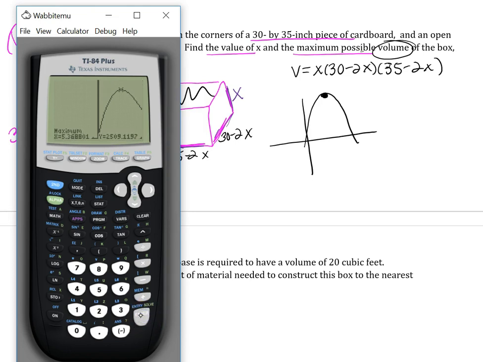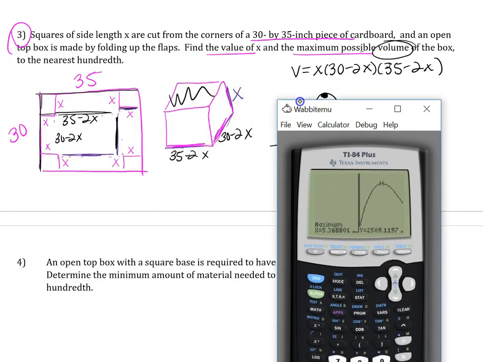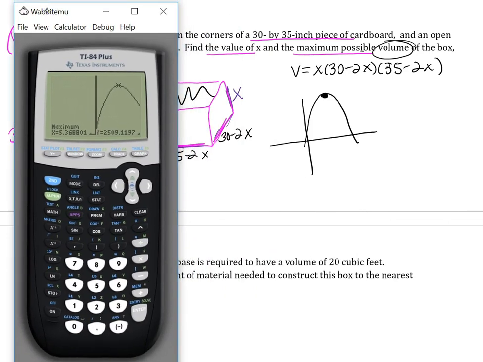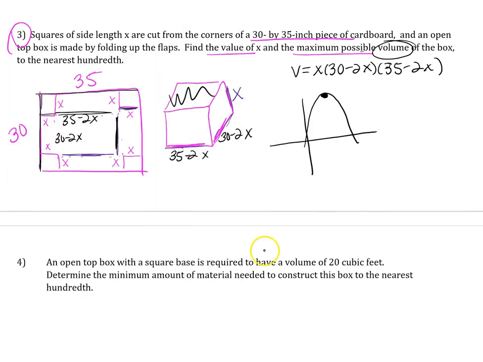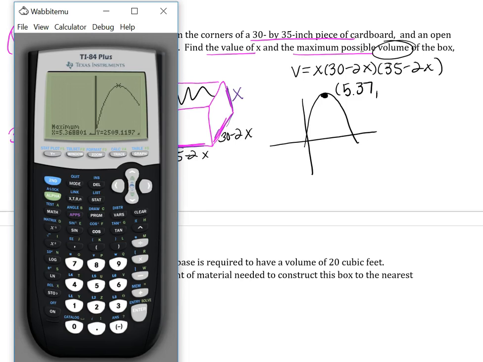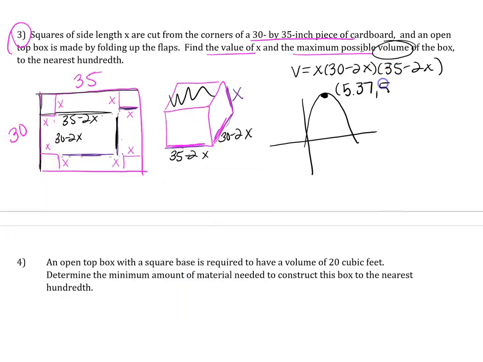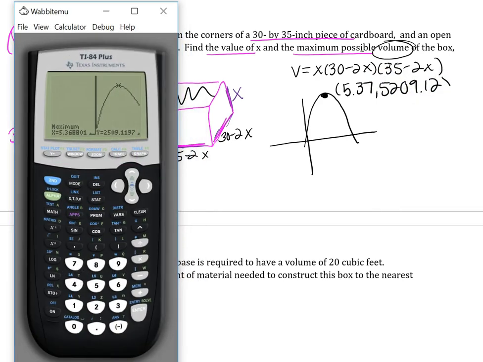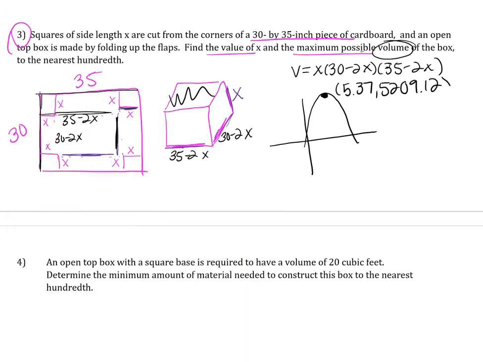There you go. So to the nearest 100th, that's 5.37. And the maximum volume is 2509. Oopsies.